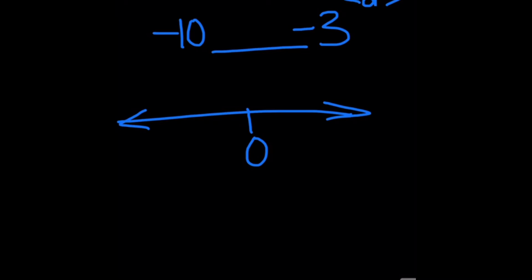For negatives, if I'm at -10 over here, and +10 over there, with the positives you want to be farther away from 0. If you're farther, you're greater.